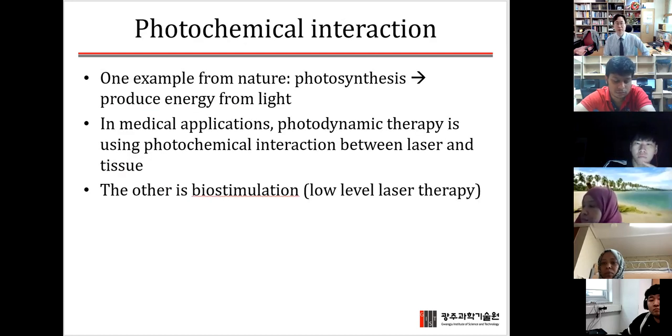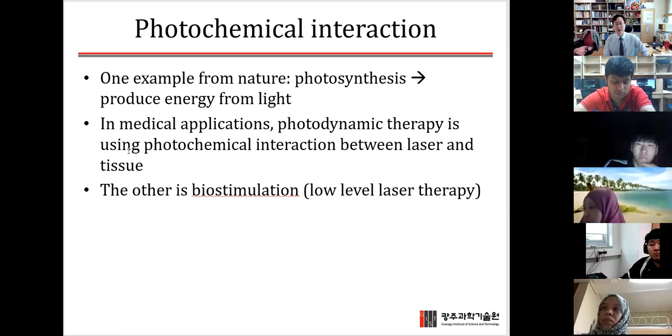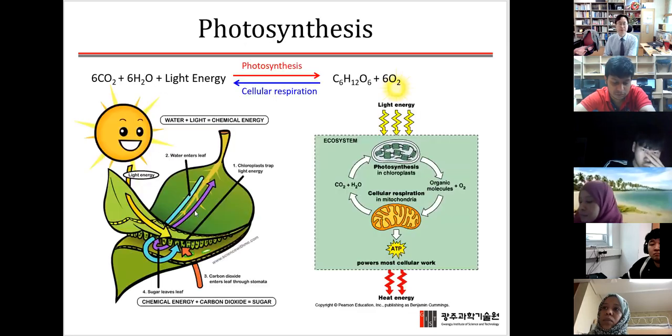So let's look at the photochemical interaction. One natural example is photosynthesis, which means using the light to generate some form of energy source. In medical applications, photodynamic therapy uses photochemical interaction. And the other one is biostimulation.